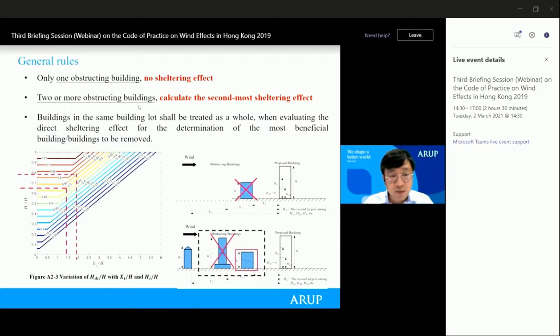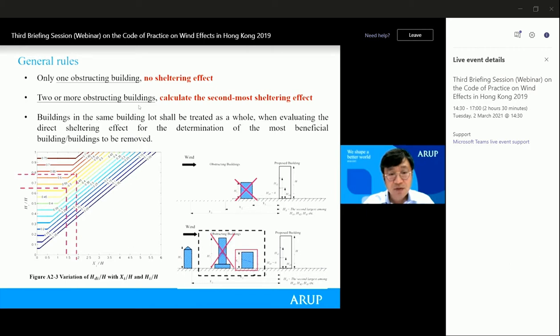And the third rule is that buildings in the same building lot shall be treated as a whole when evaluating the direct sheltering. For example, if any building within the building lot is identified as the most beneficial building, they shall all be removed.